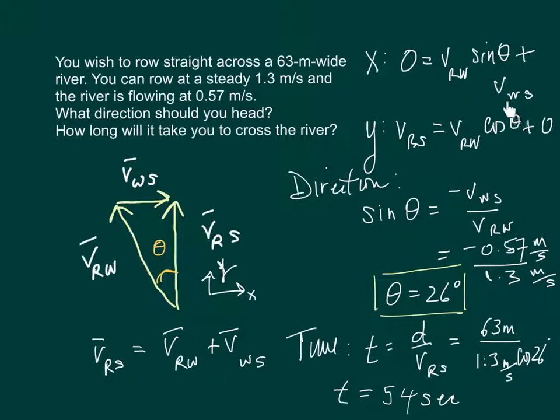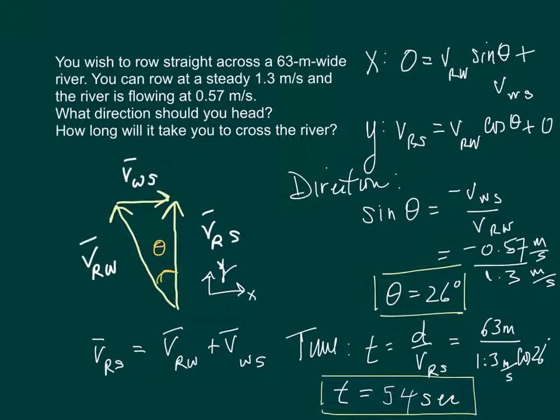I'm going to substitute in how fast you can row with respect to the water times the cosine of the angle we just derived, which is 26 degrees. Plugging those values into the calculator, I get a time of 54 seconds. This seems pretty reasonable for a rower going at about a meter per second, going 60 meters. That might take about 54 seconds, just under a minute.